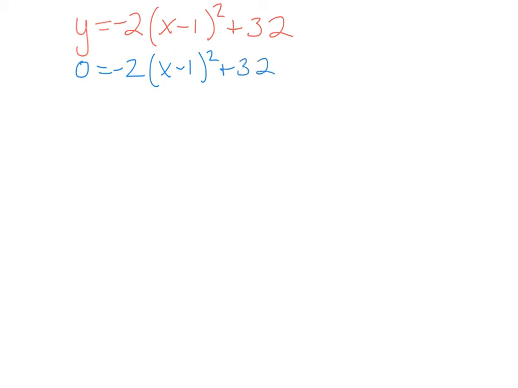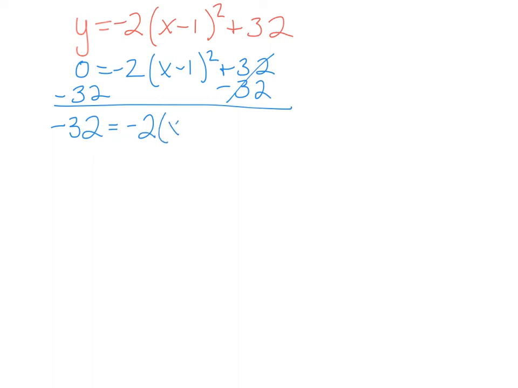Now we're going to subtract 32. So negative 32 equals negative 2 times x minus 1 squared. Before we can undo that squaring, we have to undo the multiplication right here. This is negative 2 times the quantity, so I have to divide by negative 2.